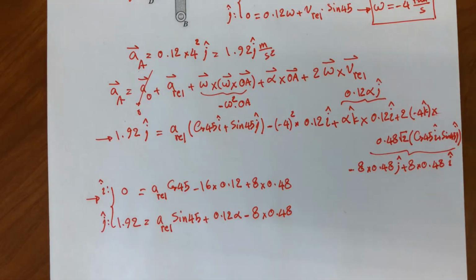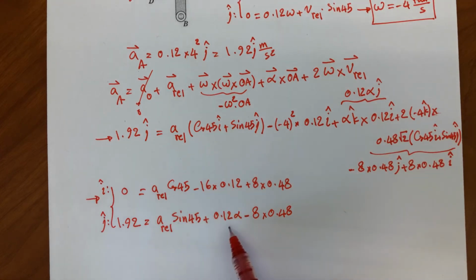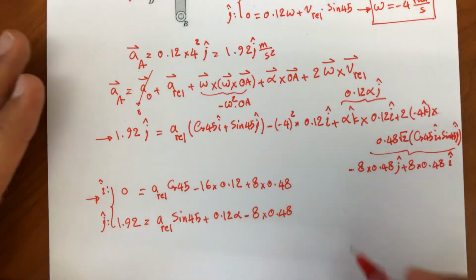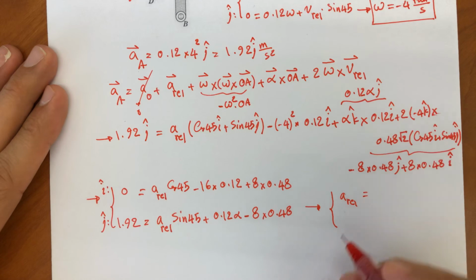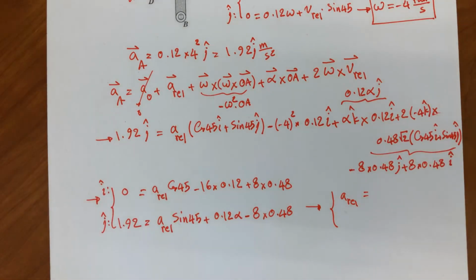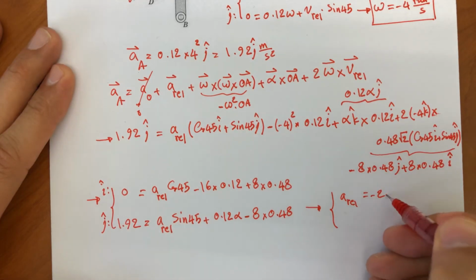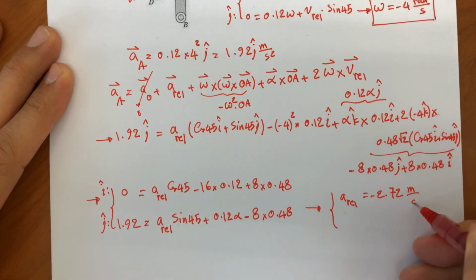2 equations and 2 unknowns. You can simply find A rel from the first one, put it here, and you're going to be able to find alpha. So if you do that, A rel should be negative 2.72 meter per second squared.